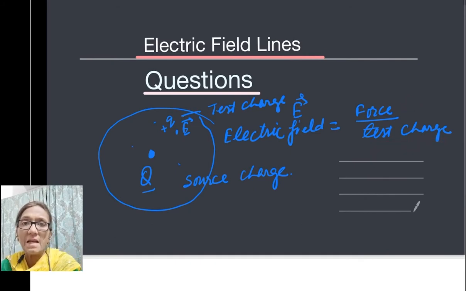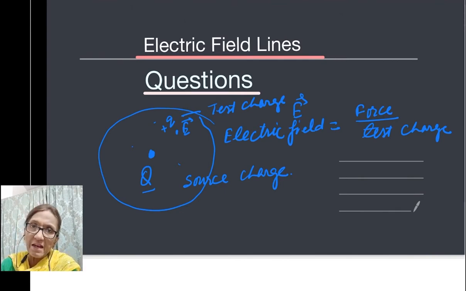This is your electric field, force per unit charge. It is a vector quantity which has its magnitude, and also it has some direction.